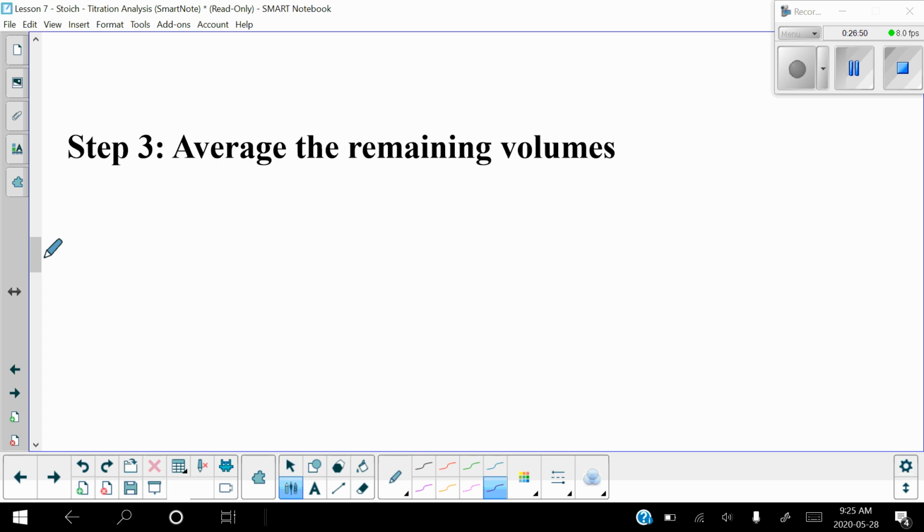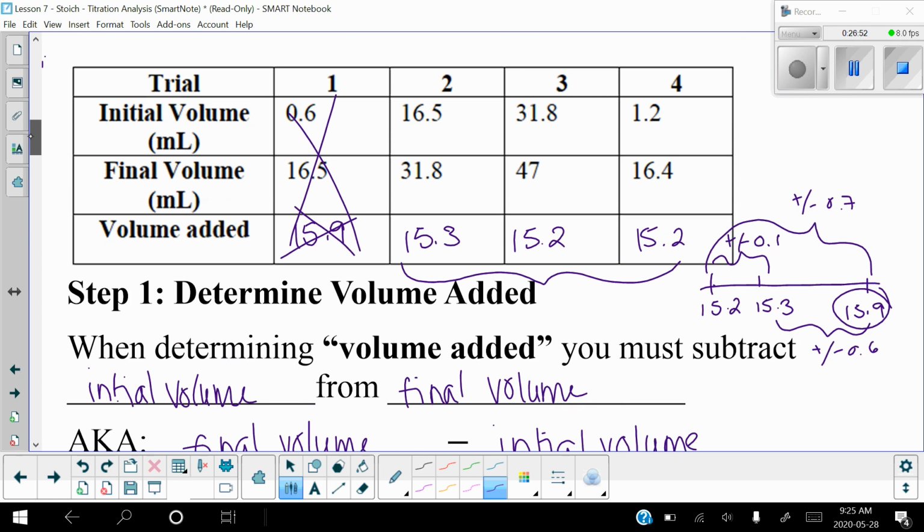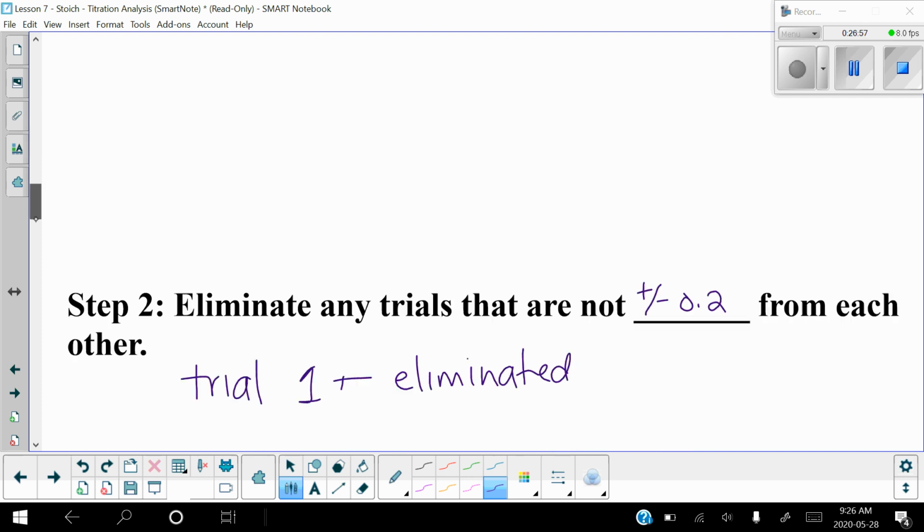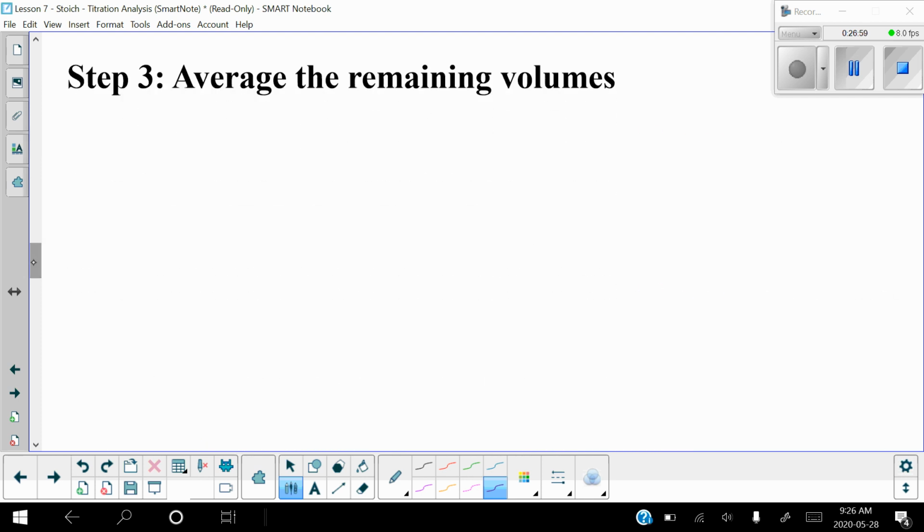Average the remaining volumes. So we're left with 15.3, 15.2, and 15.2. So I take the average. I'm going to say volume of titrant is equal to, so to take an average, you add all the information up.